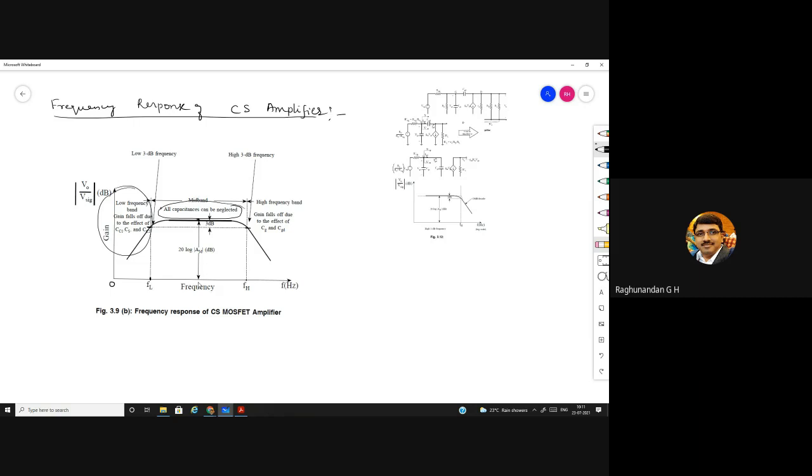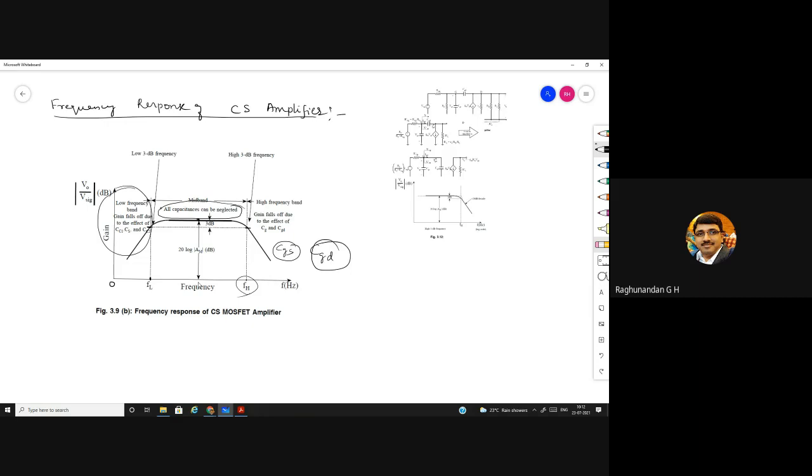Once you cross the upper cutoff frequency, again the gain starts reducing, because when you cross a certain frequency, the reactive effect of the gate to drain capacitance and the gate to source capacitance, the two capacitors which we discussed in the high frequency modeling, will come into play over this frequency response.